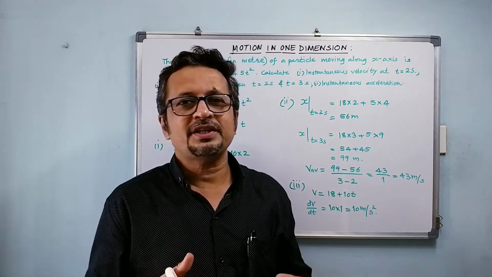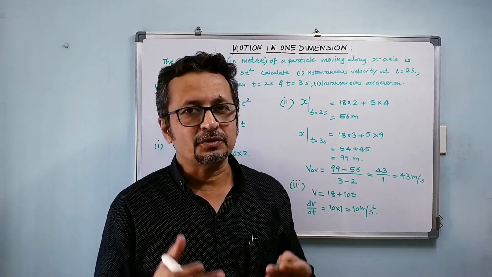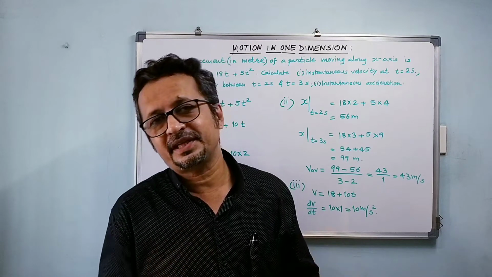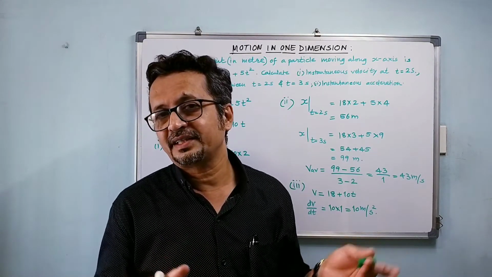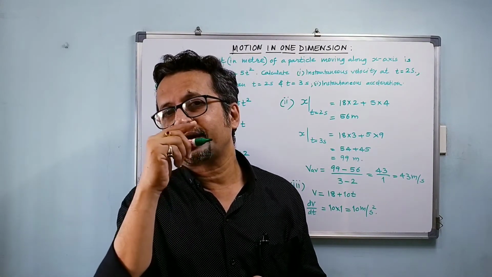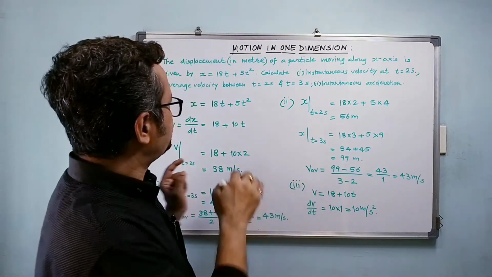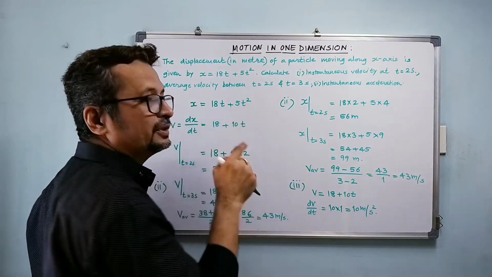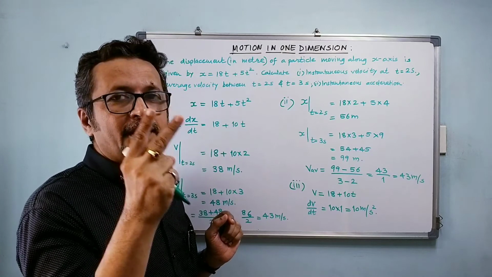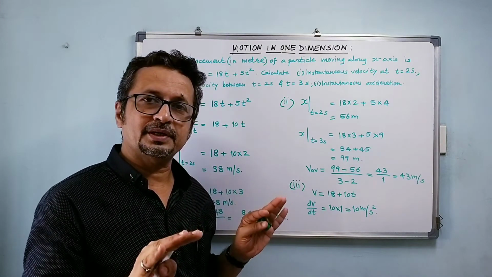There is no t term involved, neither t nor t squared or anything like that. So you can be sure that when your expression for displacement has a highest power of 2, your acceleration is going to be constant.